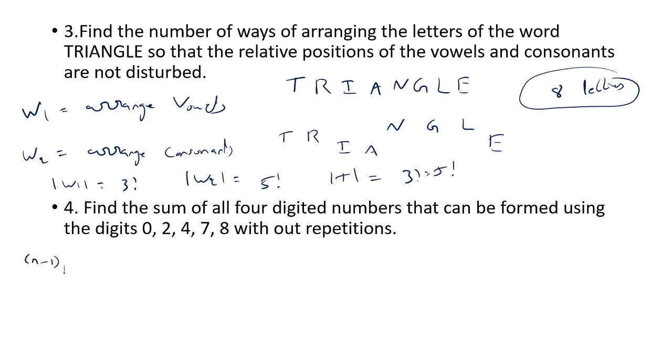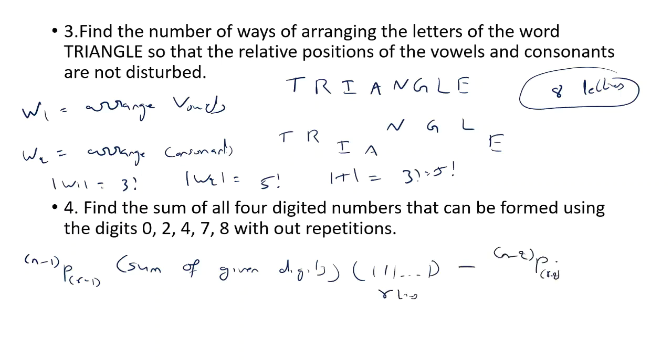And the second formula is like this. Sum is equal to (n minus 1)P(r minus 1) times sum of the given digits times 1111... (r times), minus (n minus 2)P(r minus 2) times sum of the given digits times 1111... (r minus 1 times).